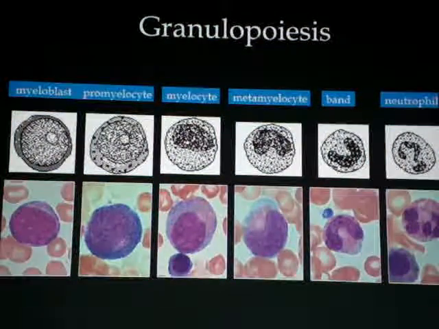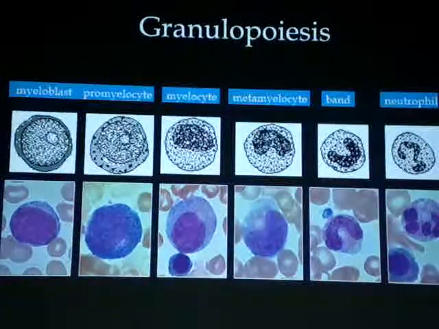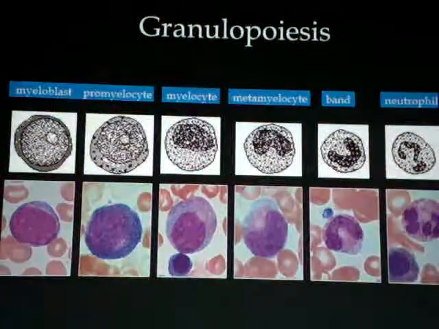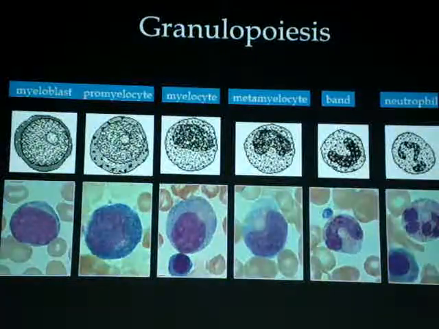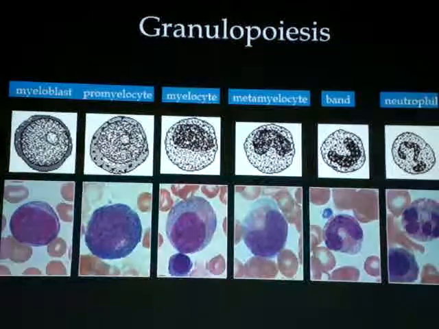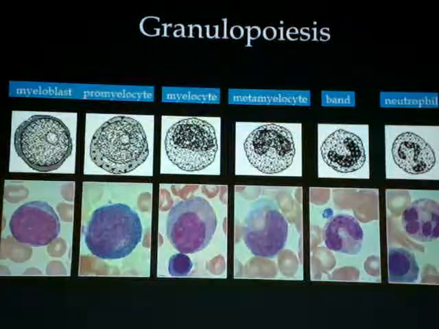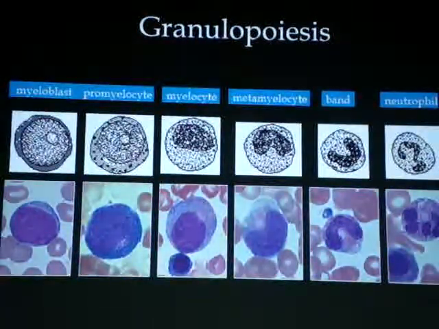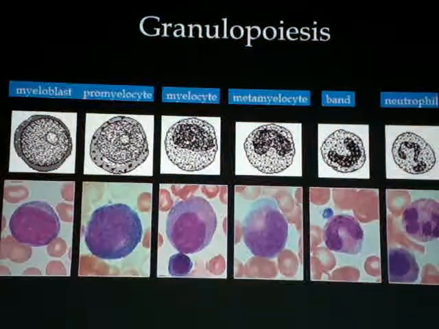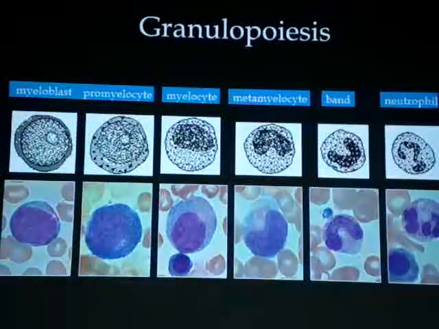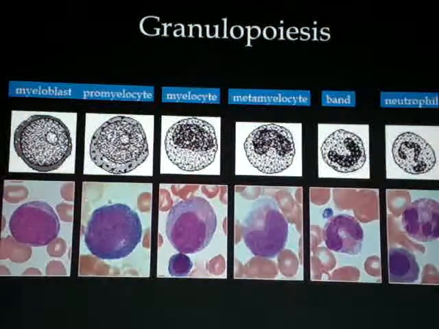Now, for the myeloid series. This series will produce the neutrophils, the basophils, and the eosinophils. The earliest identifiable cell in this series is the myeloblast.